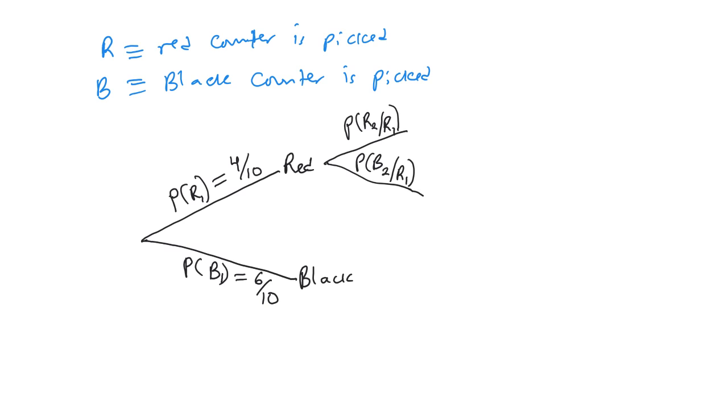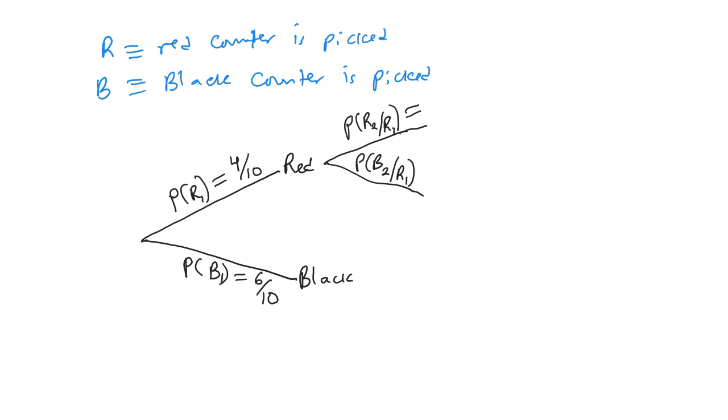We are looking at this event: we picked a red the first time and we are picking a red the second time. So it is conditional, because picking red the first time affects picking red the second time. We are not putting back.